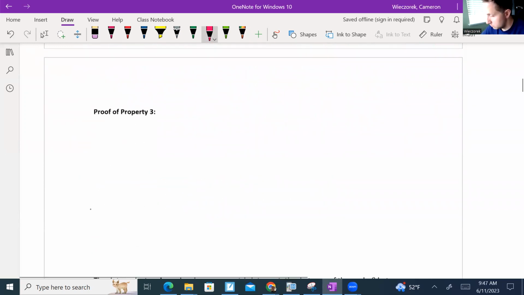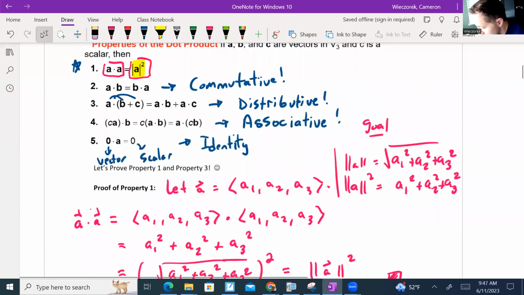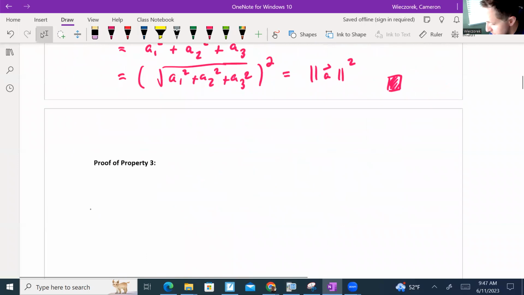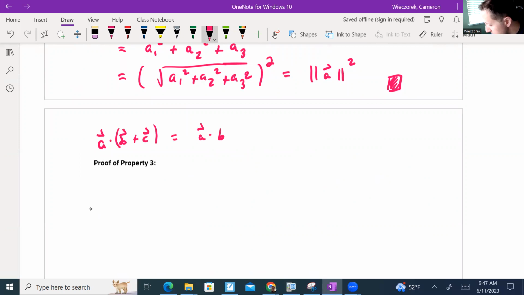Okay, let's do one more. In property 3, what do we want to show? We want to show that A dotted with B plus C, this is our goal, is equal to A dotted with B plus A dotted with C. So I'm going to define three vectors. I'm going to let A be A1, A2, A3.